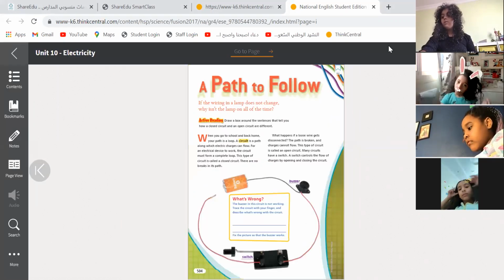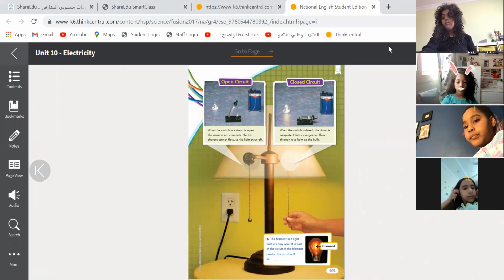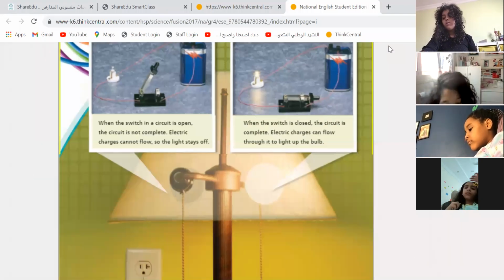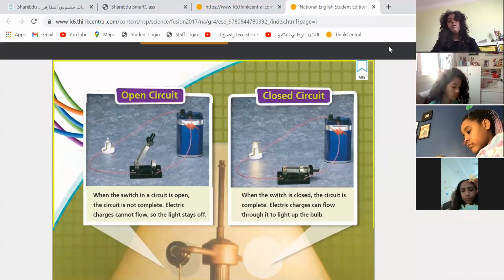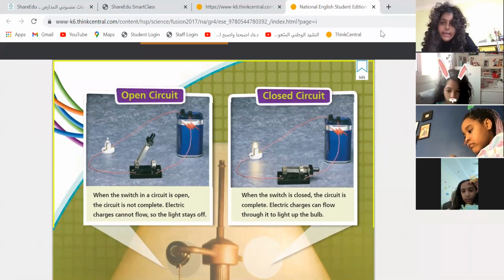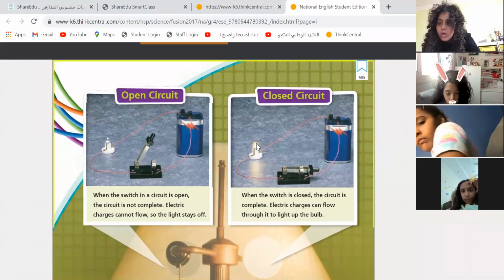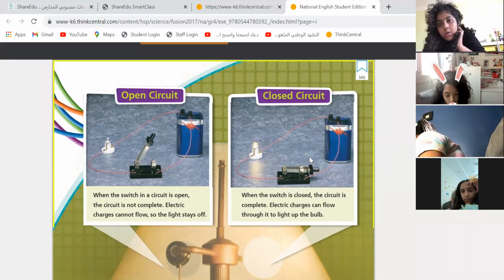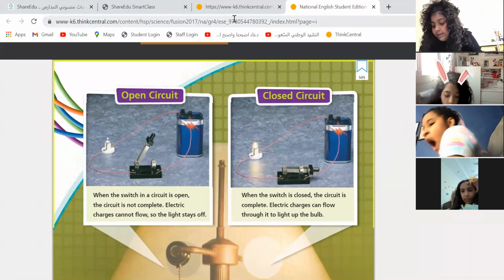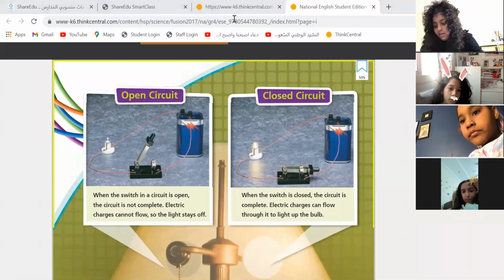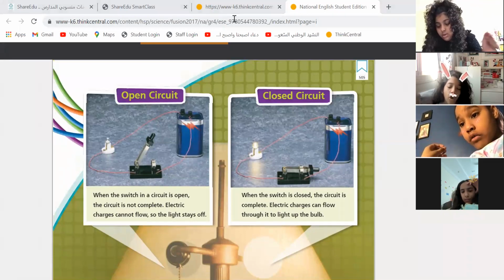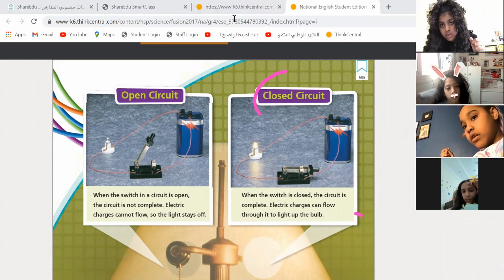Now take a look at the second picture over here. What about this one? The one that has a lamp working, what do we call it? We call it the closed or complete circuit.